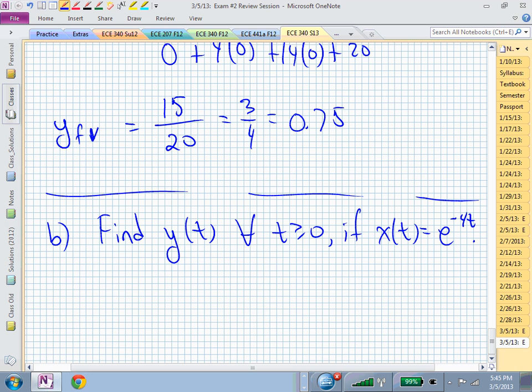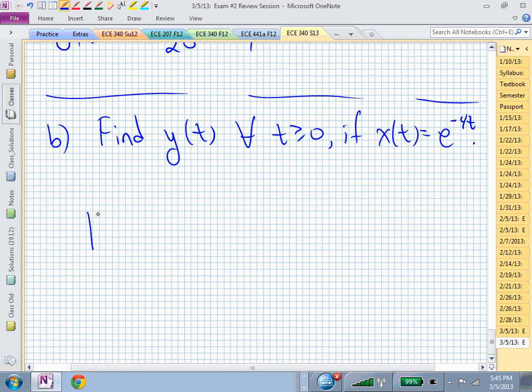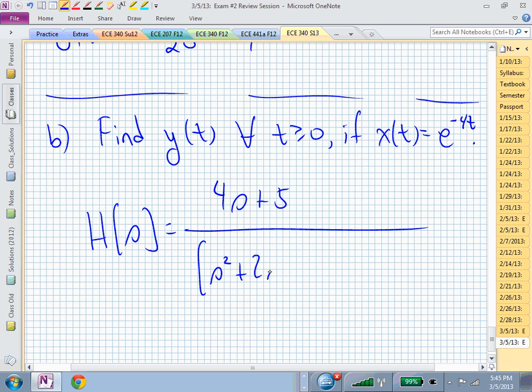And maybe now you're told that that transfer function that we started with, which was 4s plus 5 over some cubic, but now I'm going to go ahead and factor that cubic as s squared plus 2s plus 10 times s plus 2.